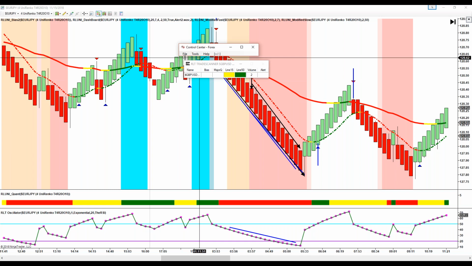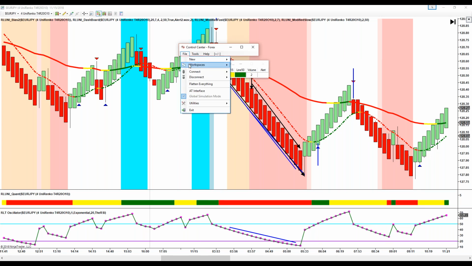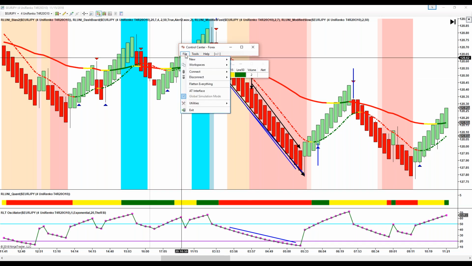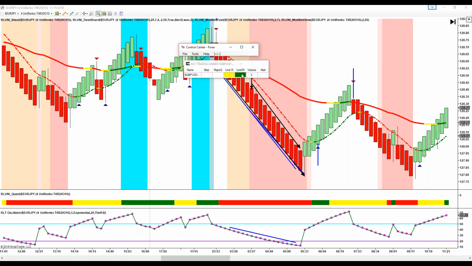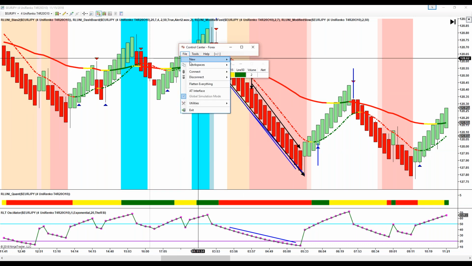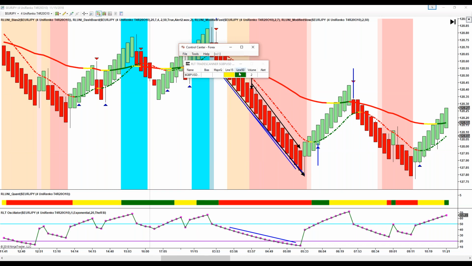I'm going to disconnect my FXCM, and it'll only take a minute. I'm just about done with questions, and I'm going to connect my CQG. Uh-oh. My CQG is dead for some reason.